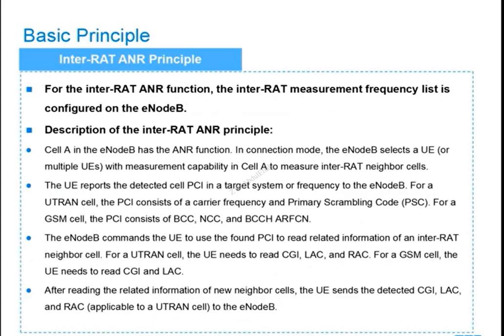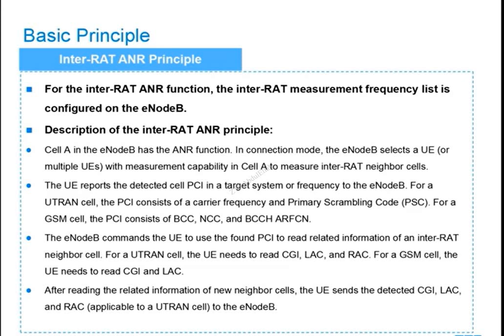The inter-RAT ANR principle is similar to the intra-RAT. Here the neighbor cell is 2G or 3G, while the intra-RAT is LTE itself. This measurement frequency should be configured on the eNode B. So if cell A is our serving cell and this cell in the eNode B has already been configured with the ANR function, in connected mode the eNode B will select a UE with measurement capability in cell A to measure the inter-RAT neighbor cells.